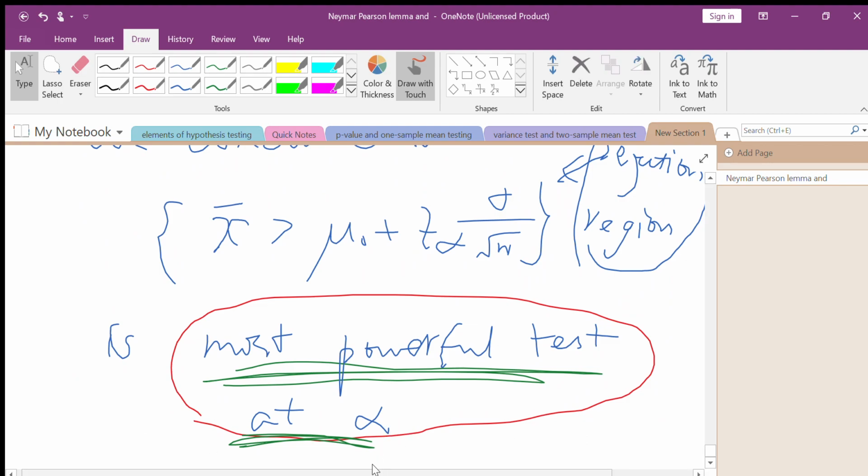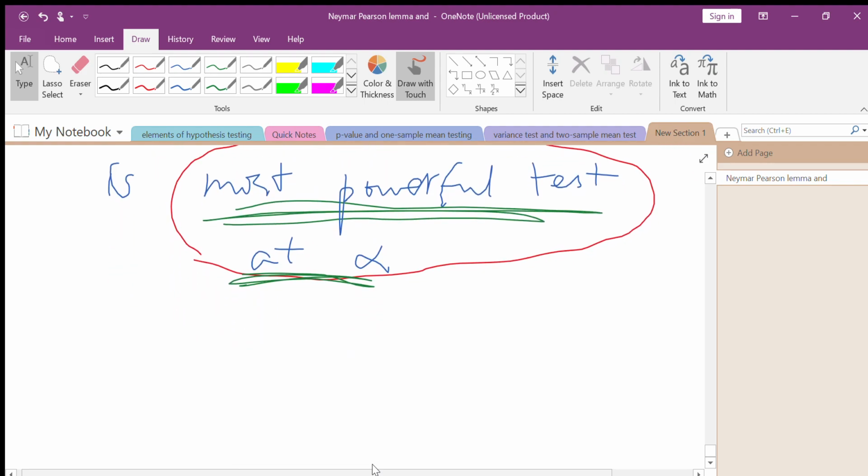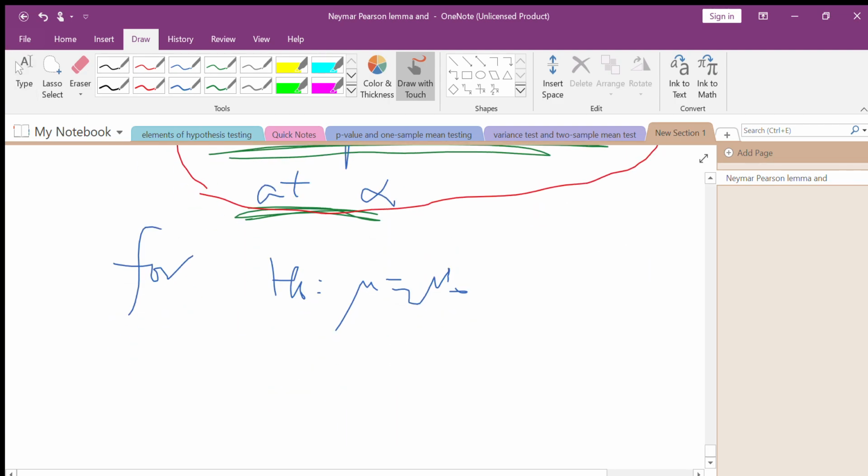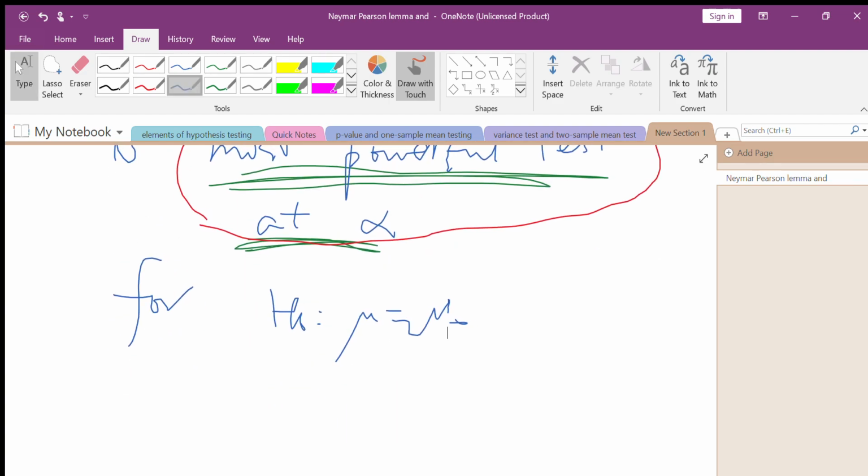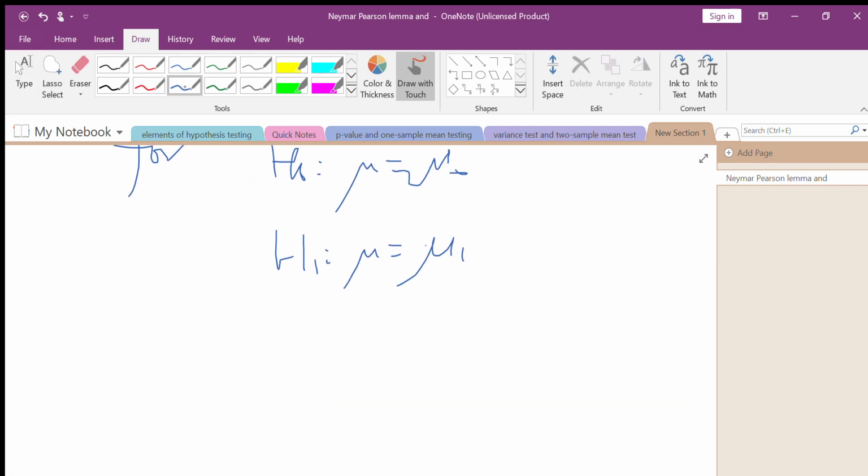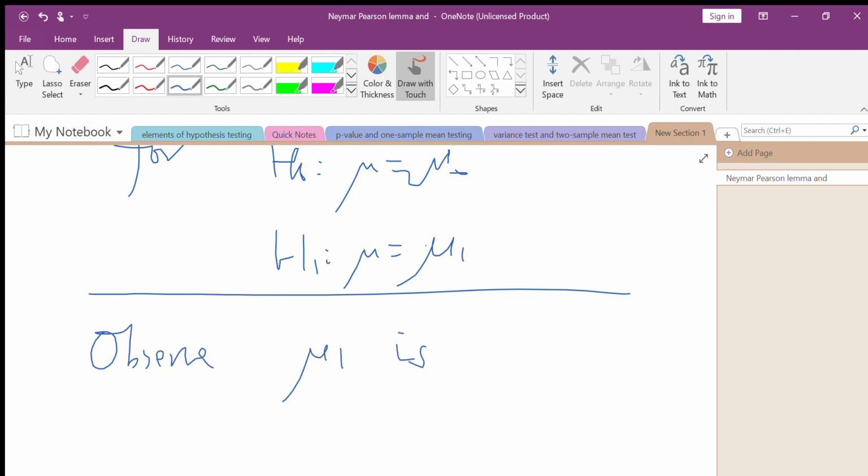Okay, recall this most powerful test at alpha is for what? For H null, mu equal mu 0, H1, mu equal mu 1. But next we make another observation that mu 1 is arbitrary.